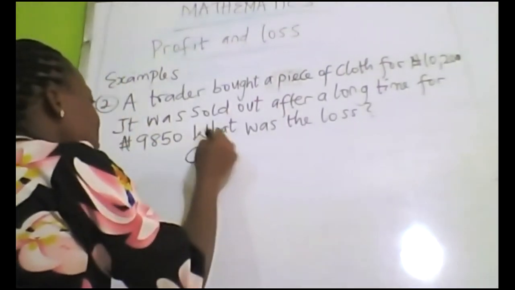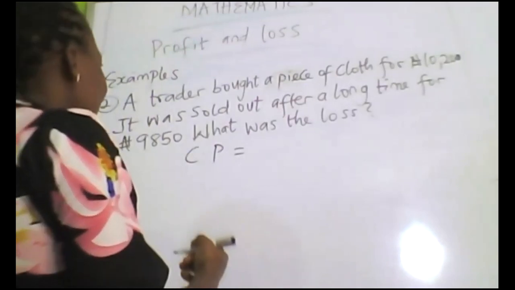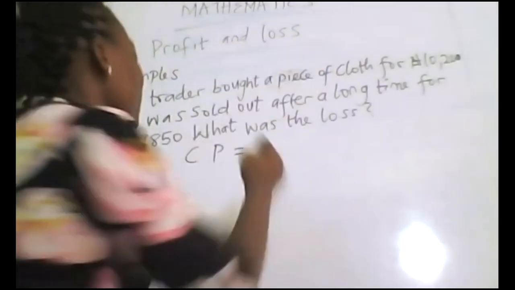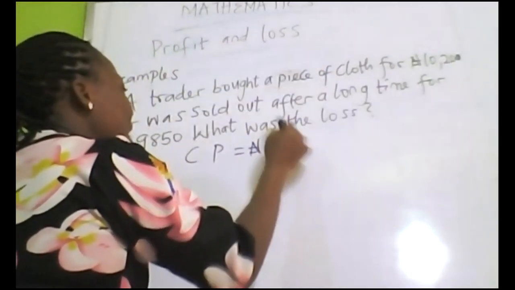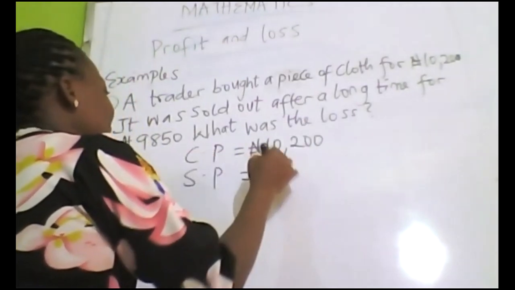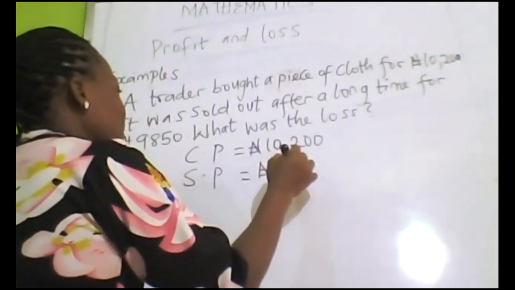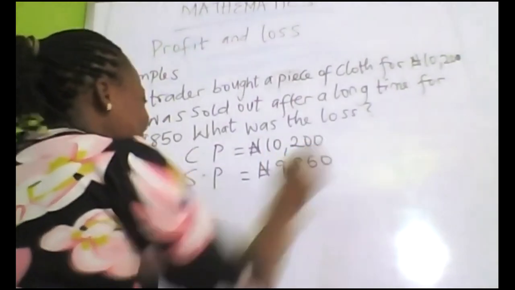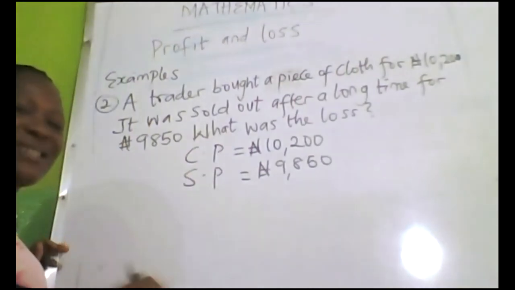Good. The cost price. The cost price is 10,200 naira. The selling price is 9,850 naira. The difference is the loss.